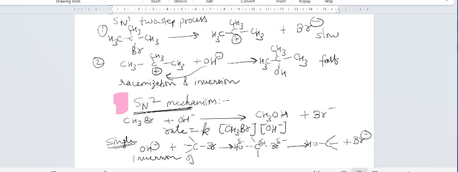Attack of nucleophile is on the back side.